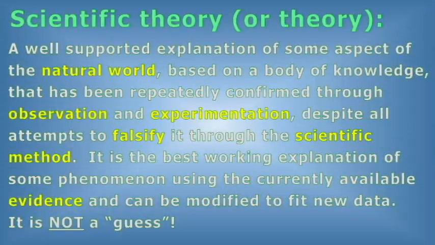It's a well-supported explanation of some aspect of the natural world based on a body of knowledge that has been repeatedly confirmed through observation and experimentation, despite all attempts to falsify it through the scientific method. It is the best working explanation, notice I said it's an explanation, of some phenomenon using the currently available evidence, and it can be modified to fit new data.